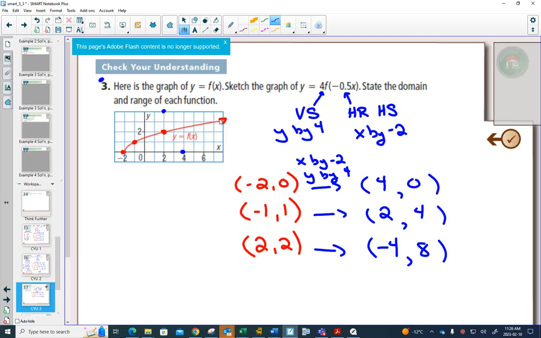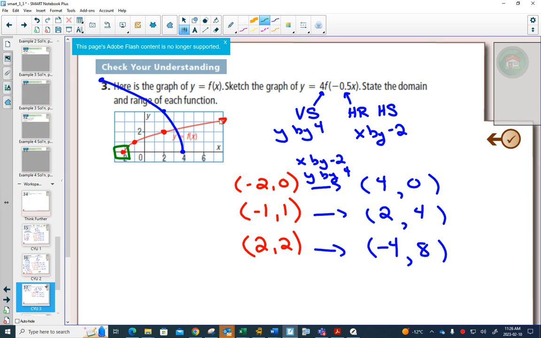And now we have a question to ask, because I know these points are going to be connected, but I need an arrowhead only on one end. And we have to decide which end that's going to be on. There are a couple of ways that we can do this, but what I would like you to think about is this is your starting point for your beginning graph.